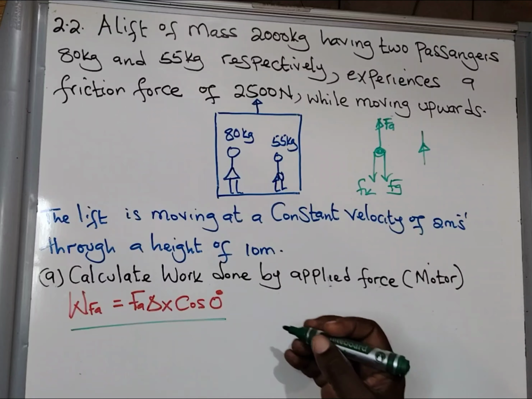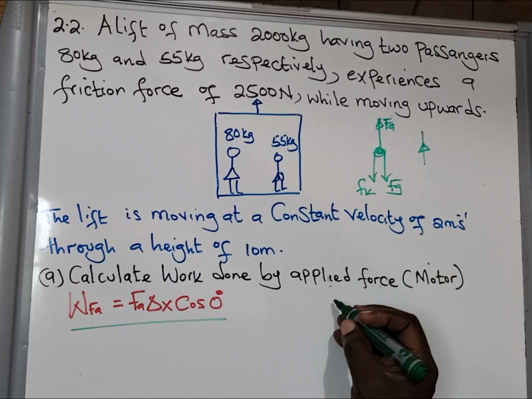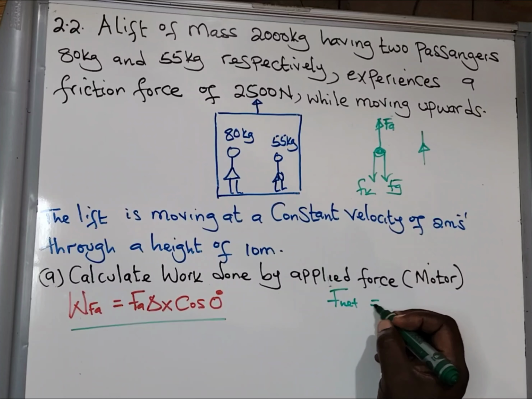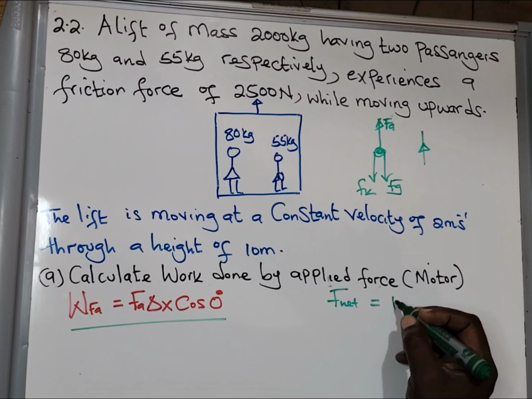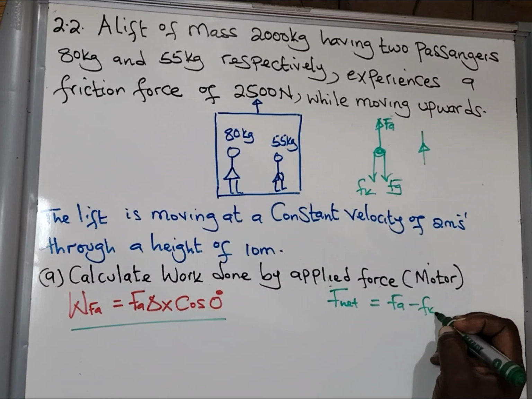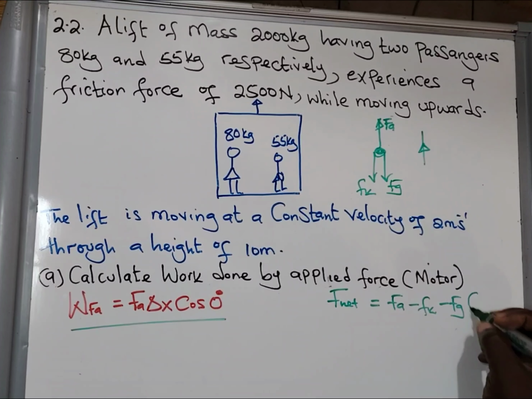So how do you calculate the applied force? The lift is moving at a constant velocity, so we can use this expression: F net is equal to Fa, because the lift is going upwards, minus Fk minus Fg. But we have to remember that velocity is constant, which means that acceleration is 0.